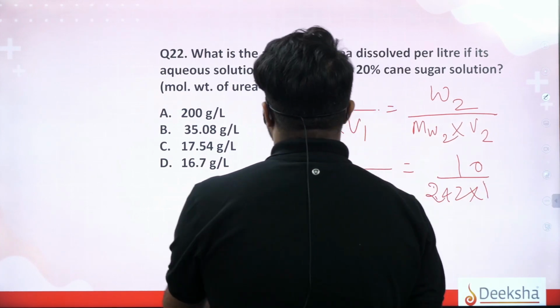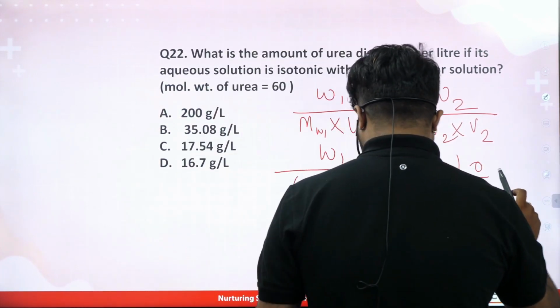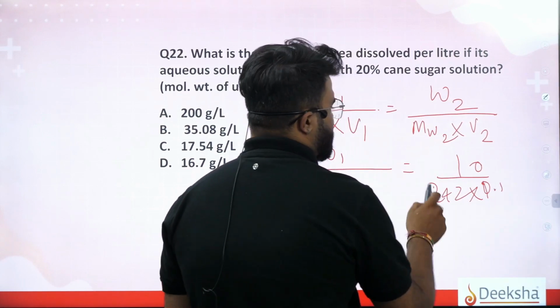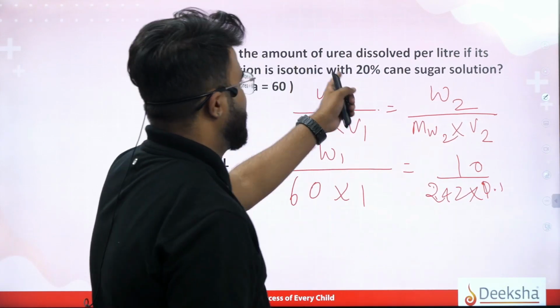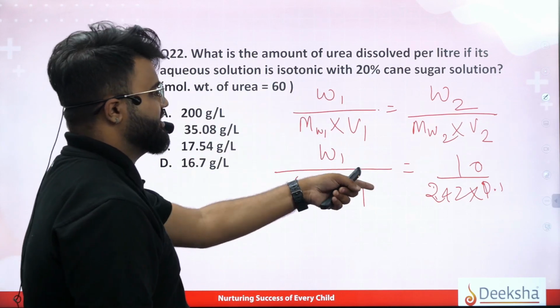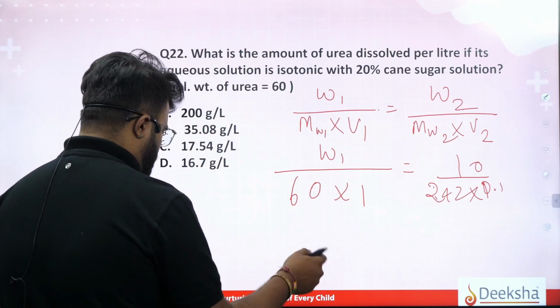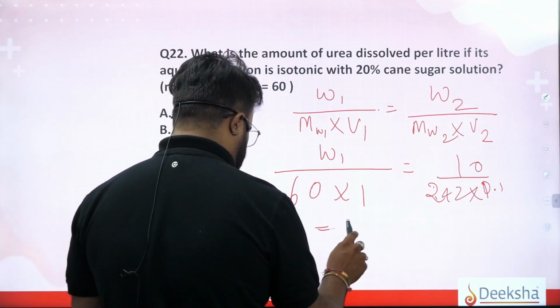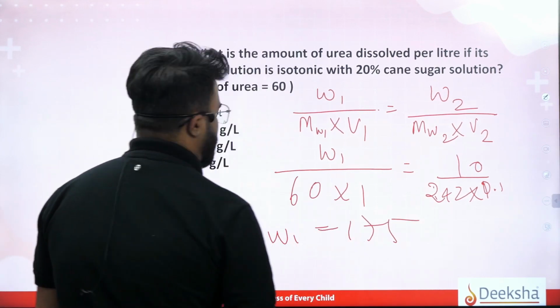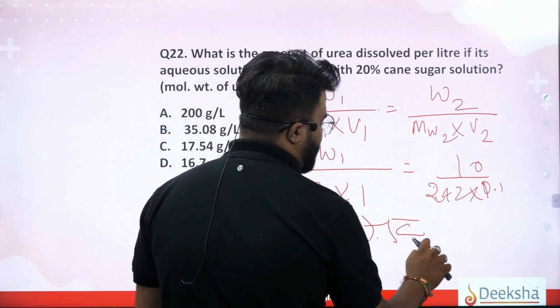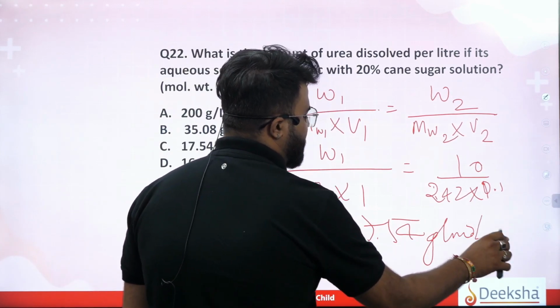So V2 will be what? V2 will be 0.1. They have given 20%, so it is 0.1. If we substitute all this, we will get W1 equal to 17.54 gram per mole, we can see.